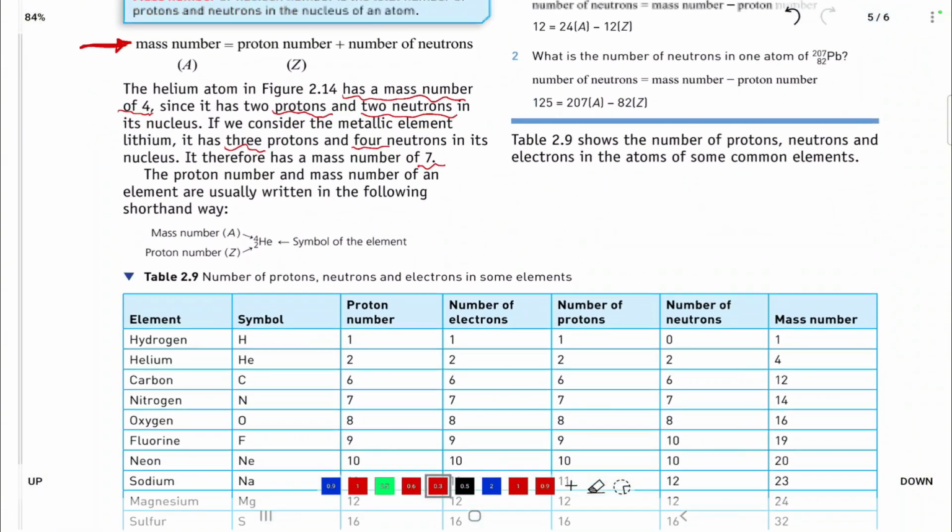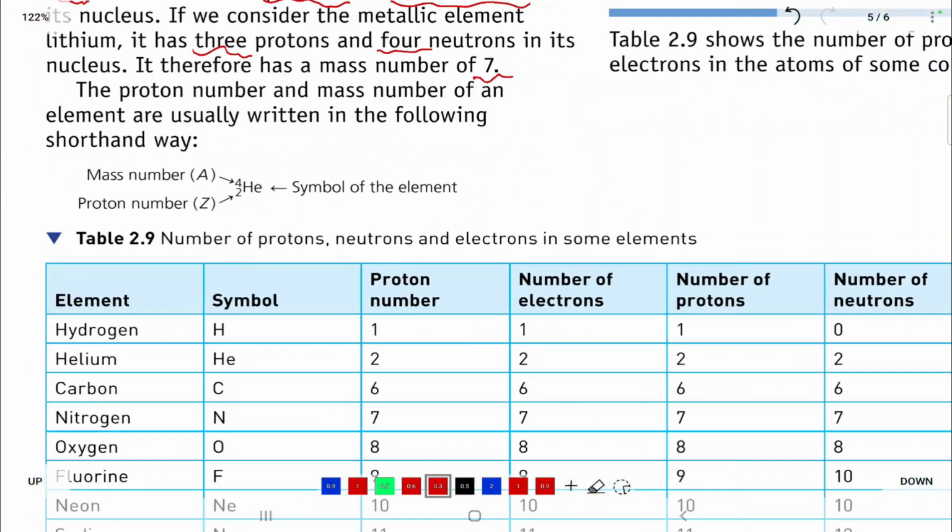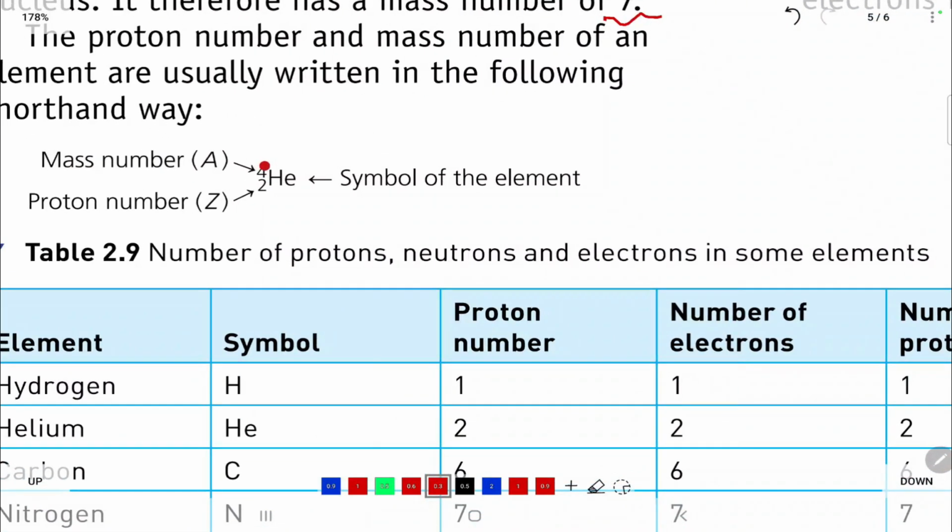The proton number and mass number of an element are usually written in the following shorthand way. We can have a look at this one. This is the symbol of the element, He. We have two numbers.